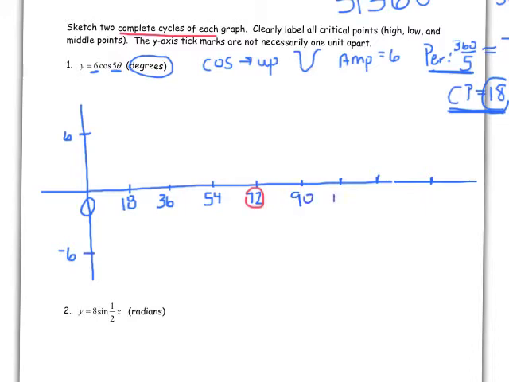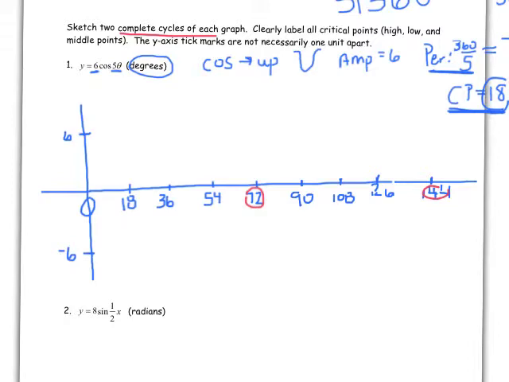Add 18 again is 108. Add 18 again is 126. Add 18 again, 144. And so this will be the ending place of my second cycle.